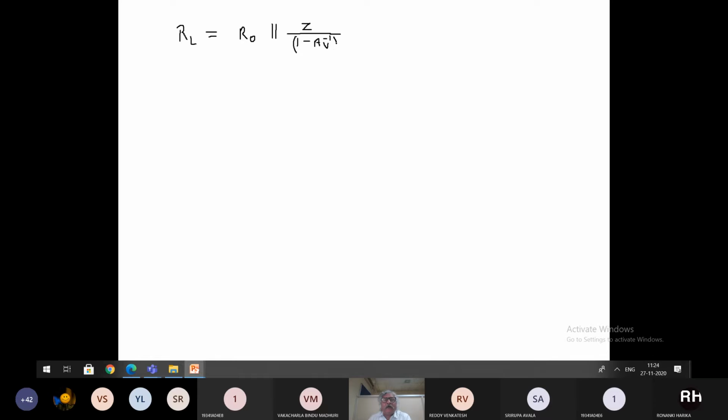Or we can write RL is equal to R0 parallel to Z2, where Z2 is equal to Z by 1 minus AV inverse.